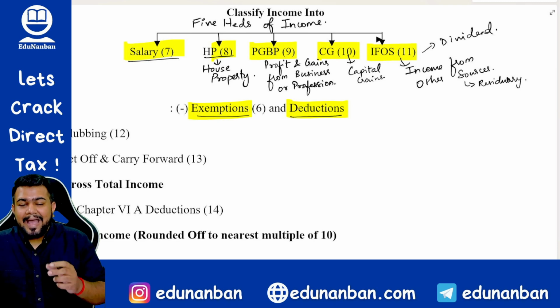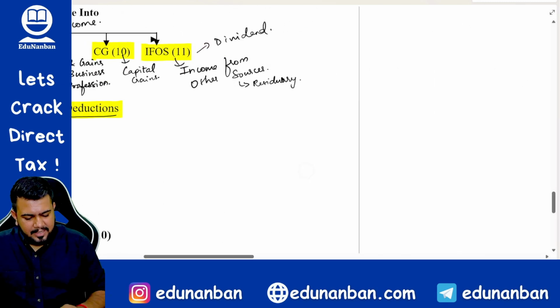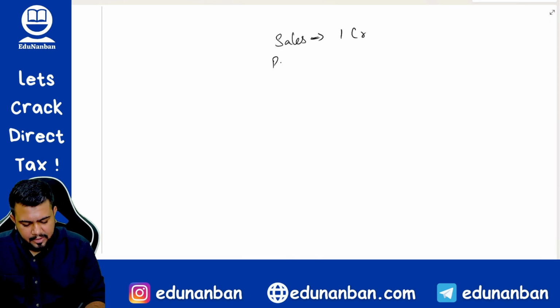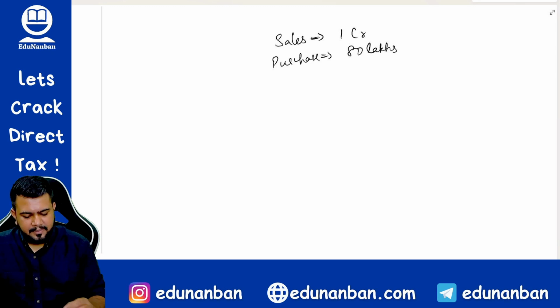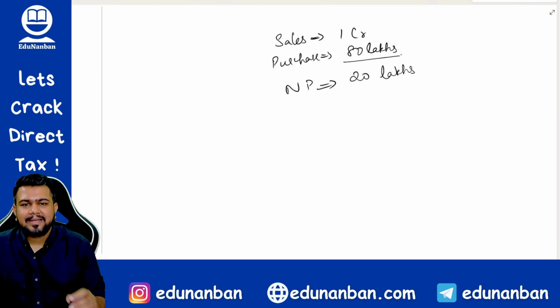Sir, what about deduction? Deduction means an expense which is allowed against the income. For example, in a business, if you have sales of rupees 1 crore and your purchase is rupees 80 lakhs, then your net profit will become 20 lakhs, assuming that there is nothing else.